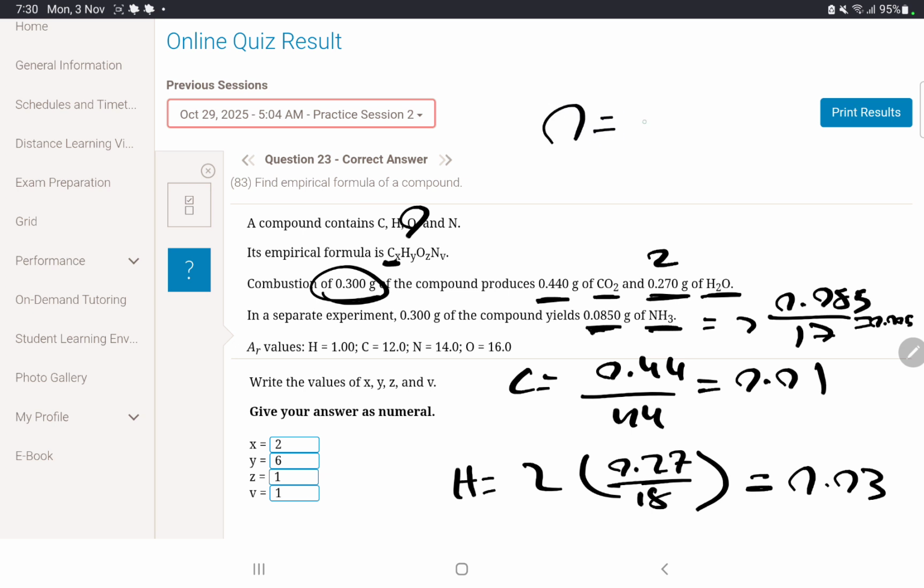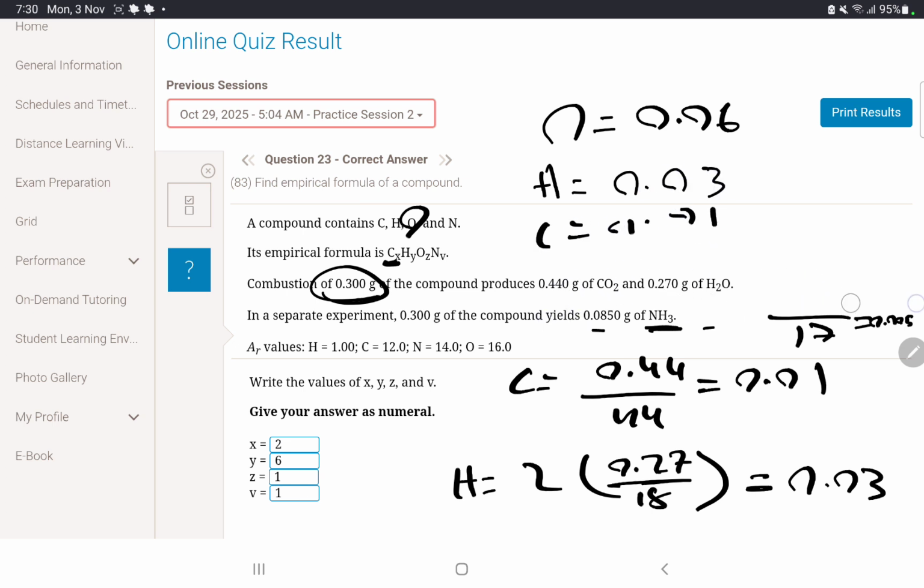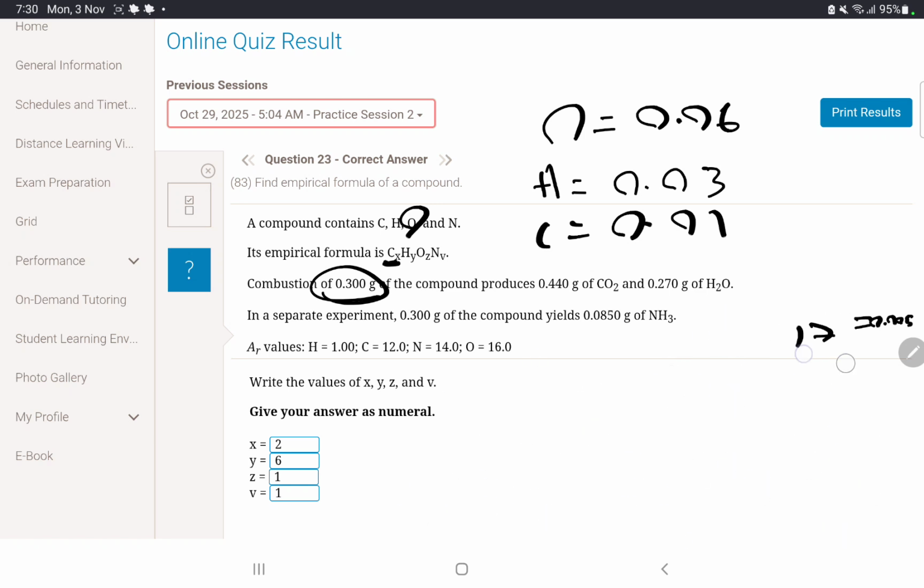So oxygen has 0.06, H has 0.03, C has 0.01, and N has 0.05.